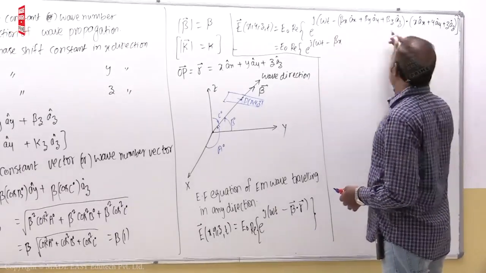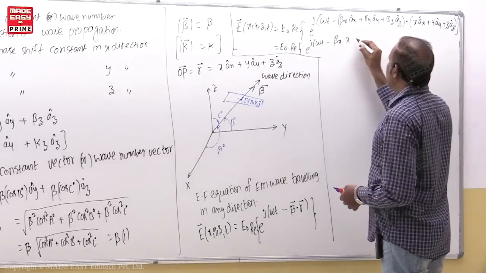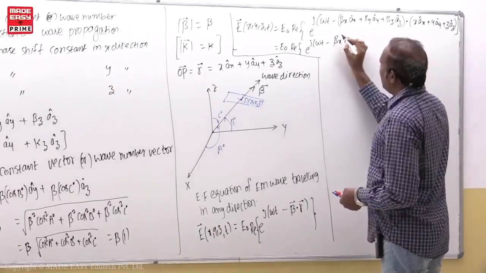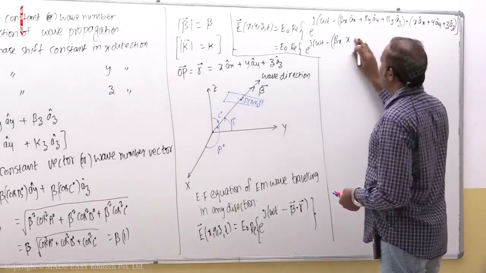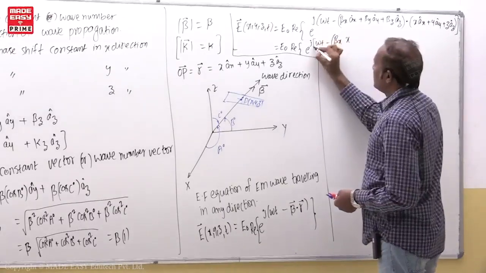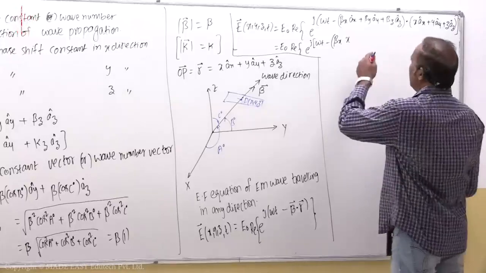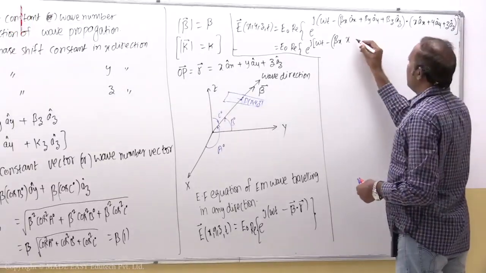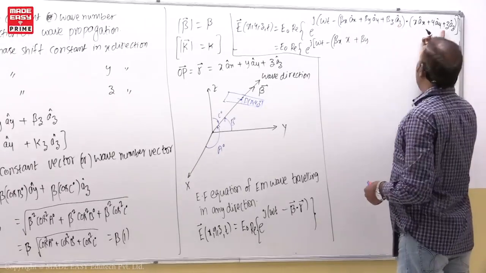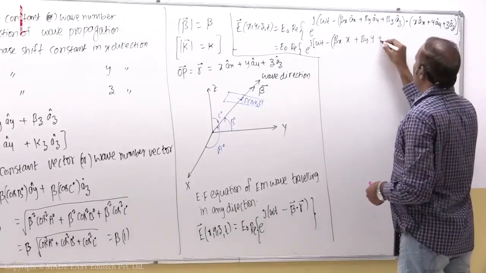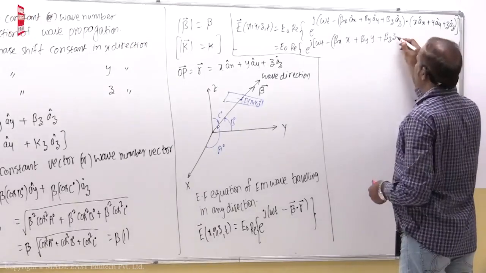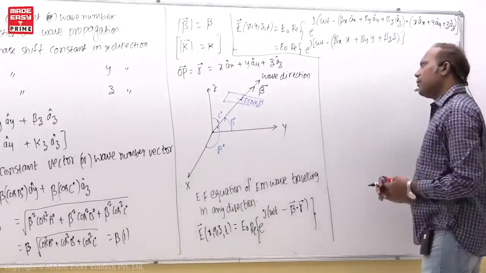So beta x into x, of course, minus, I can put this overall bracket so no need to write minus every time. So beta x into x plus beta y into y, ay dot ay is 1, plus beta z into z, az dot az is 1. So this is the equation.